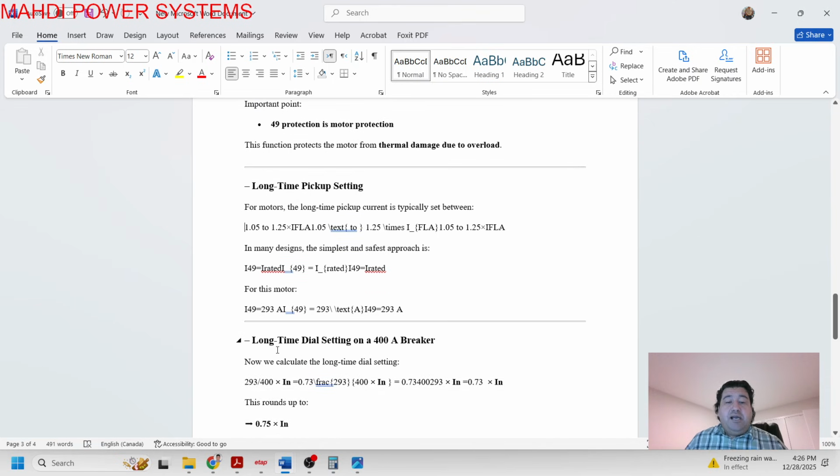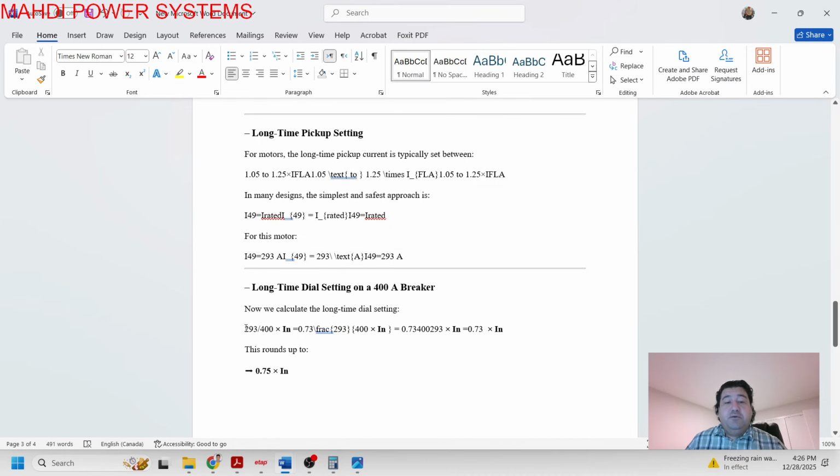But how do we set this current to 293 on the trip unit? We say 293 over 400, the rating of the circuit breaker, multiple IN, again the size of the circuit breaker, 400. It gives us 0.73 multiple IN.